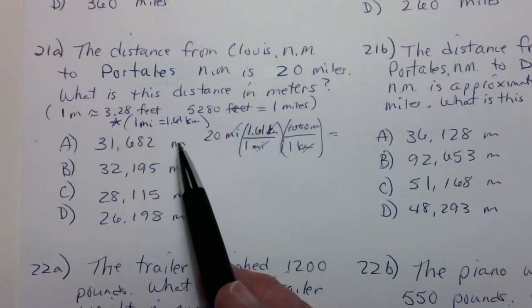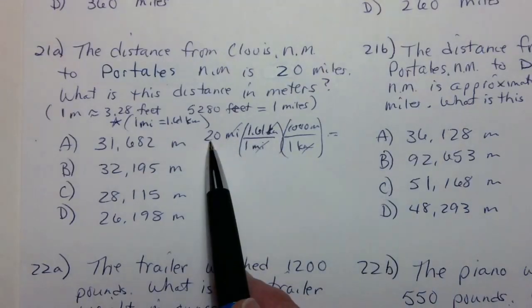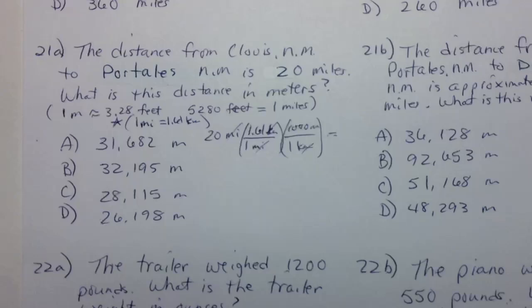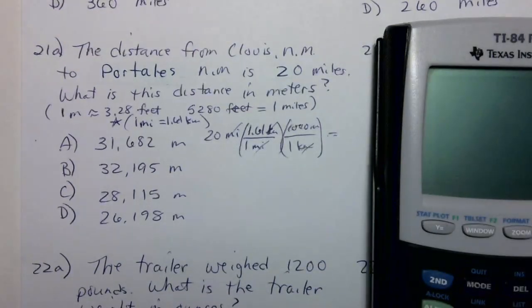All of my numbers ended up in the top. So it's 20 times 1.61 times 1,000. So let's do it. 20 times 1.61 times 1,000. Make sure you have the correct number of zeros on there. And I get 32,200.